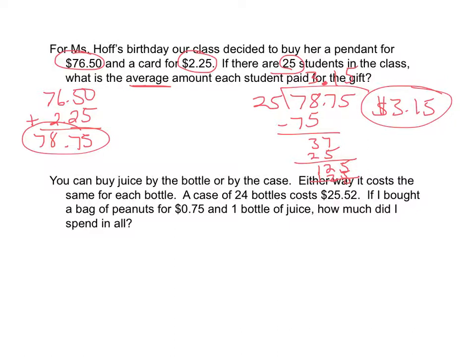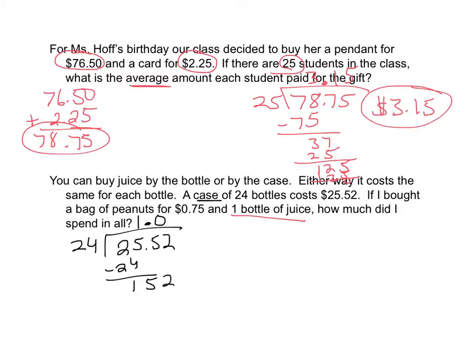First, I need to figure out how much I paid for just my bottle of juice. So I'm going to take my $25.52 and divide it by 24, if I was buying the 24 bottles, because that's the price for a case. 24 goes into 25 once. Does not go into 15.